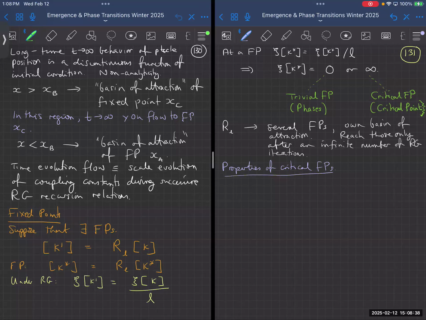So here's a theorem, I suppose you can call it. I'll just be pretentious and call it a theorem. The theorem is that all points that are in the basin of attraction of a critical fixed point, so I'll call that CFP, have infinite correlation length.